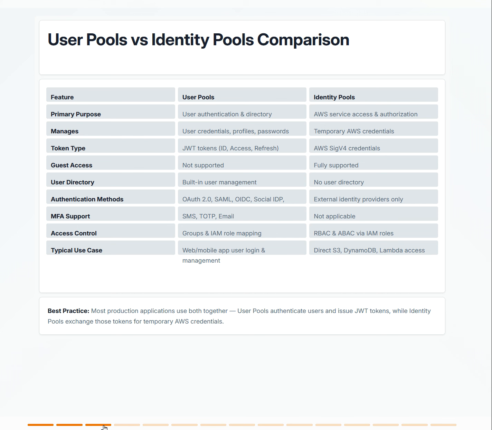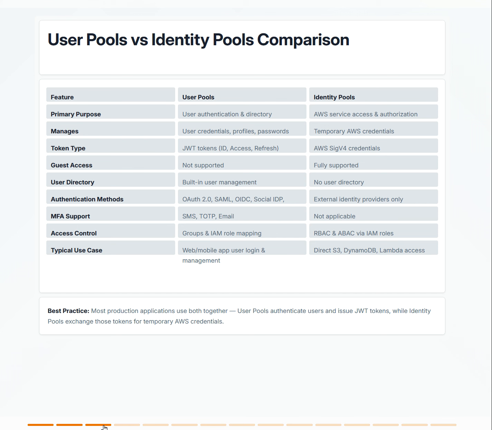User credentials, profiles, and passwords. So it's a pool of users, right? Then identity pools give you temporary AWS service access and authorization. So what actions, what resources you have access to, right? It has temporary AWS credentials.